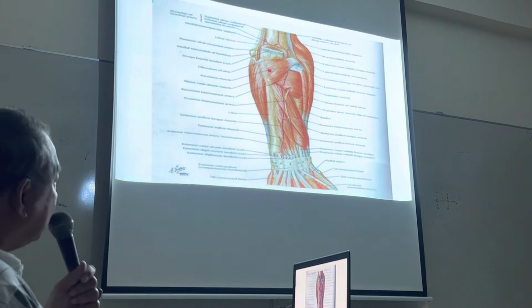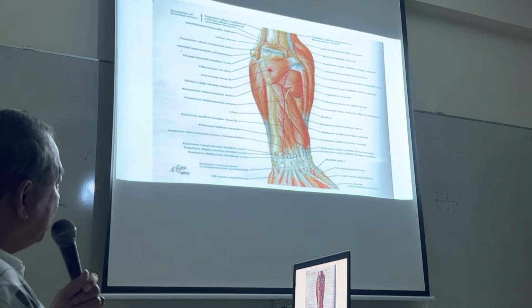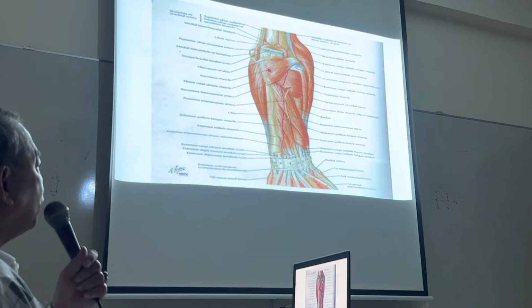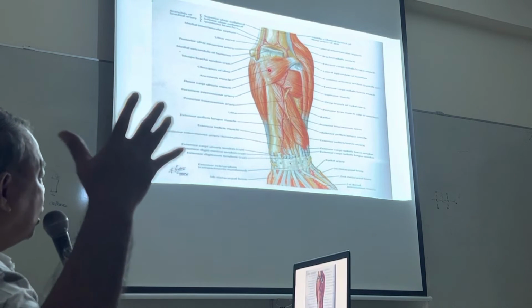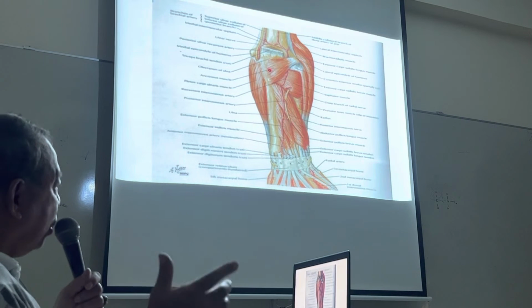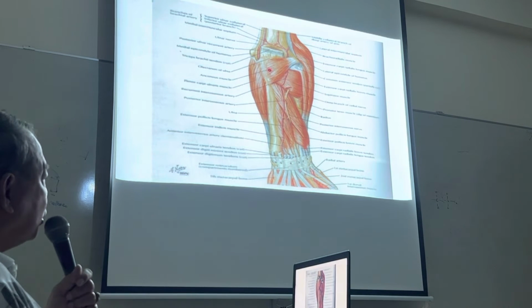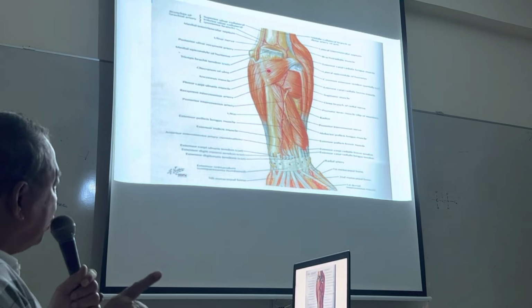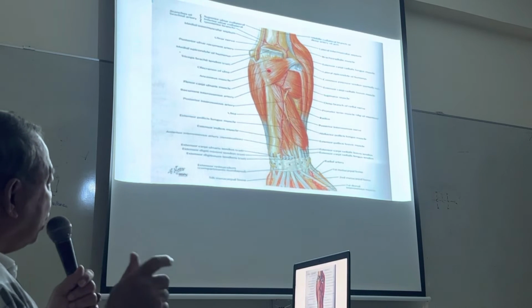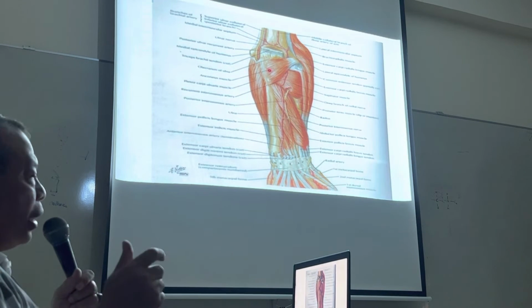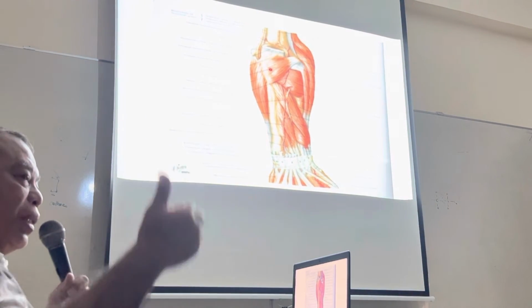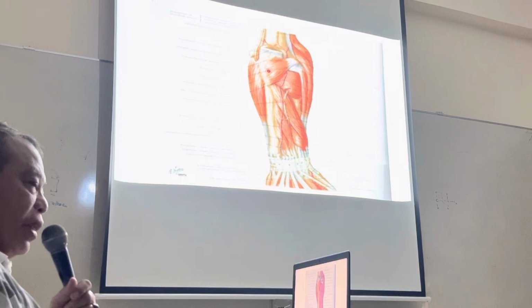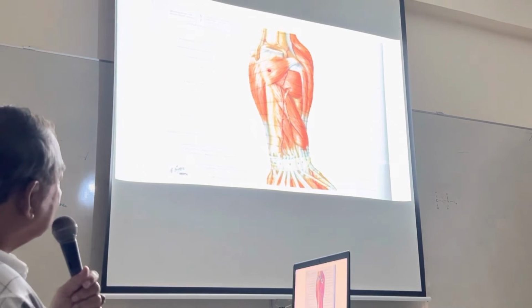When you say pollicis, meaning to say it will act on what part of the hand? The thumb. And longus means the tendon is longer. If it is a long tendon, it will be inserted in the distal phalanx.